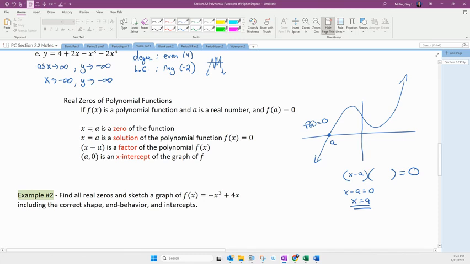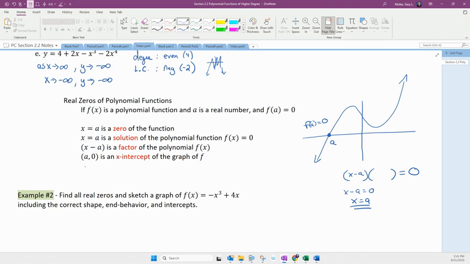So if x equals a is a 0, which we've already established, then we know it came from a factor of x minus a. And then finally, graphically speaking, that's also known as an x-intercept. So a 0 is the x-intercept of the graph. All of that is pretty synonymous. There might be some semantic issues about why you answer one way versus another, but in general, they all mean the same thing.